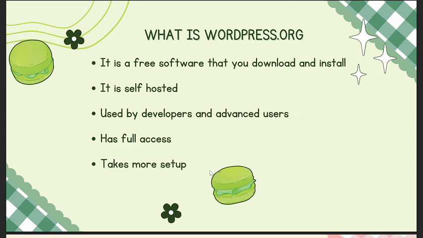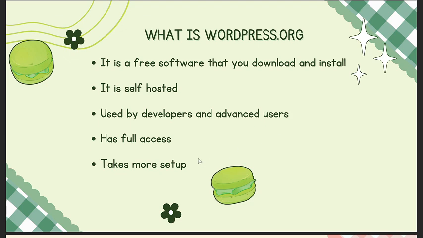So what is WordPress.org? It's free software that you download and install. It is self-hosted. So this is just like building a house. You have to build your house from scratch. You have to put in the bricks, the cement and everything. So that's just what WordPress.org is.